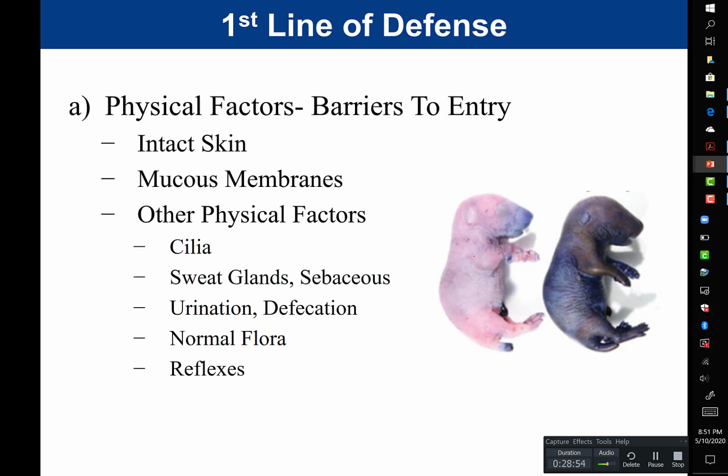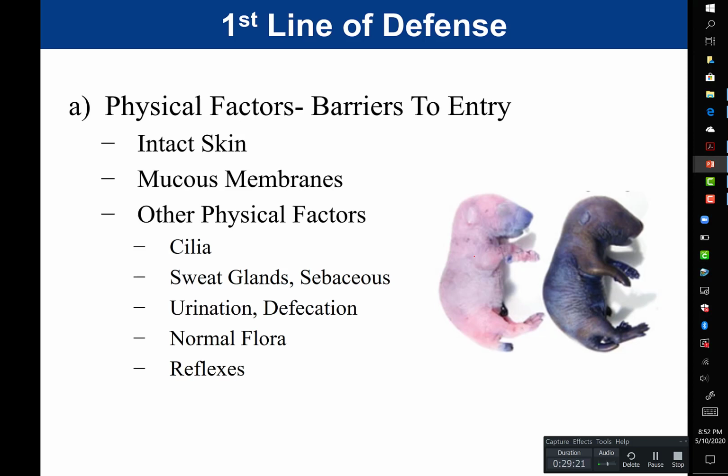The picture on the right, that mouse has a skin defect where the skin did not form properly, and therefore the skin is not functioning as a barrier. That's a problem, because now that makes the organism, the animal, more susceptible to infections. And so that mouse on the right that's dyed, the skin was not functioning as a barrier, and the dye was able to penetrate the skin and get in.